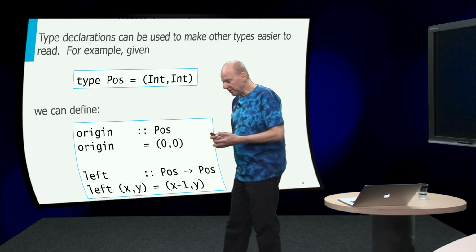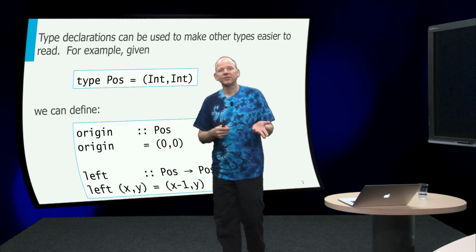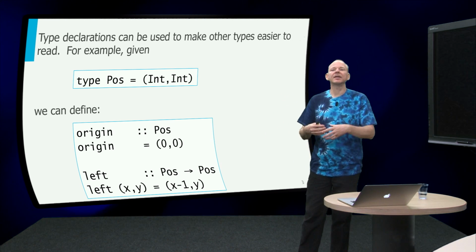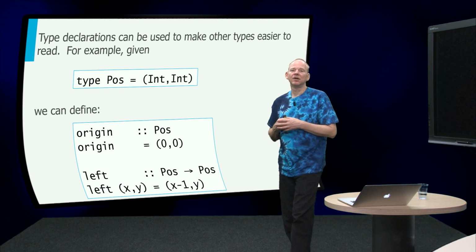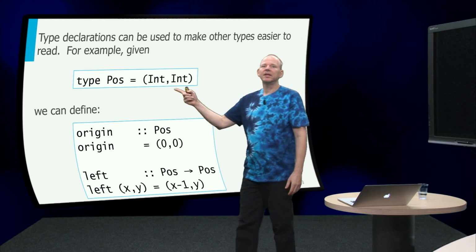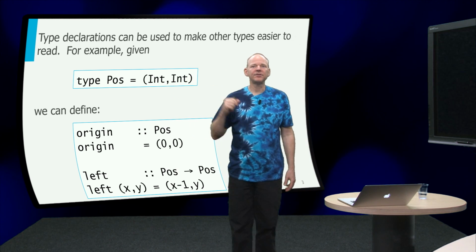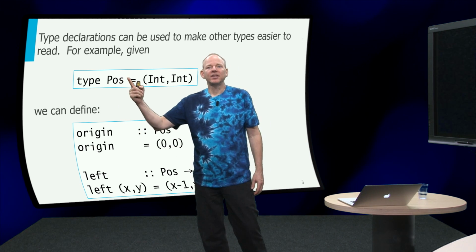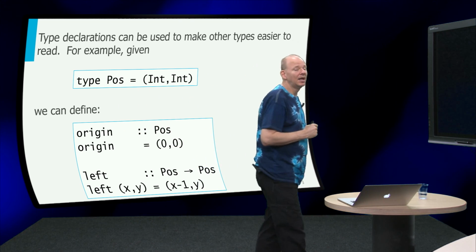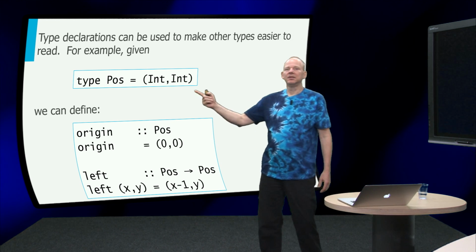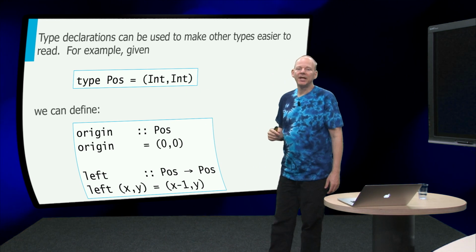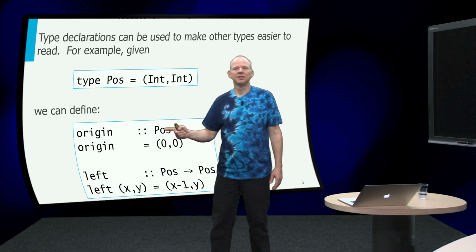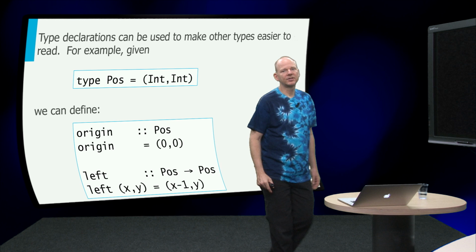And just like with String, we often use type aliases to convey the meaning or our intent of what we want to do. For example, instead of having a pair of integers, we can declare this as type Position. Then instead of writing (Int, Int) everywhere, we can write Position. So the origin is at coordinate (0, 0).